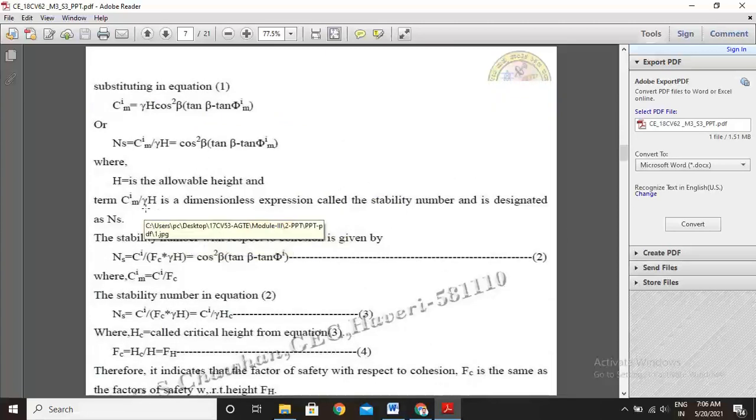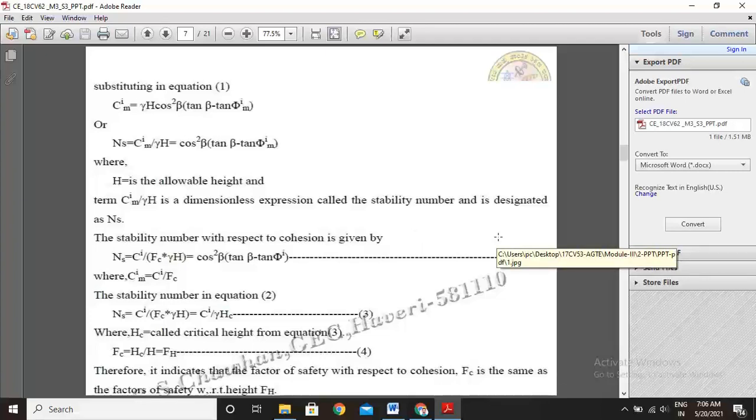The term Cm dash by gamma h is a dimensionless expression called the Taylor stability number, and is designated as Ns.